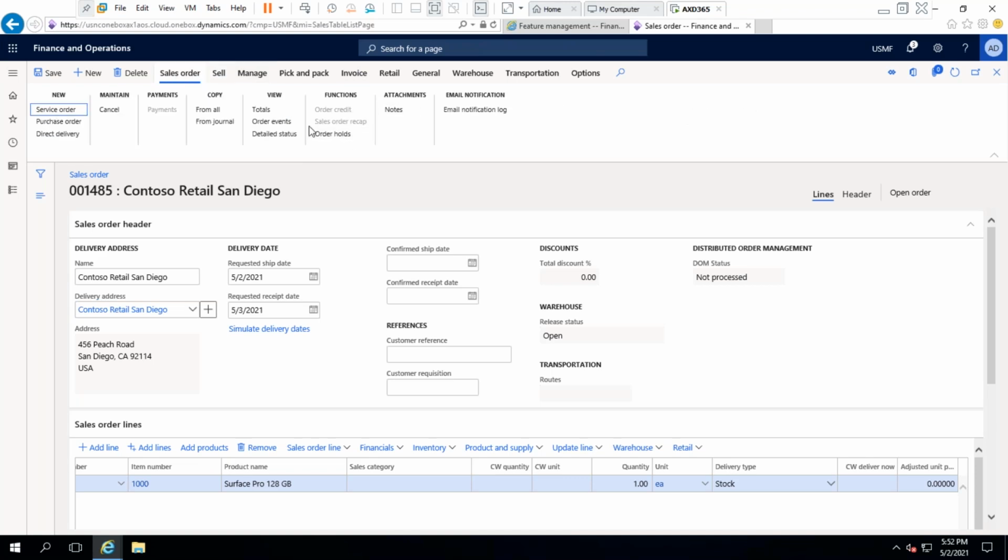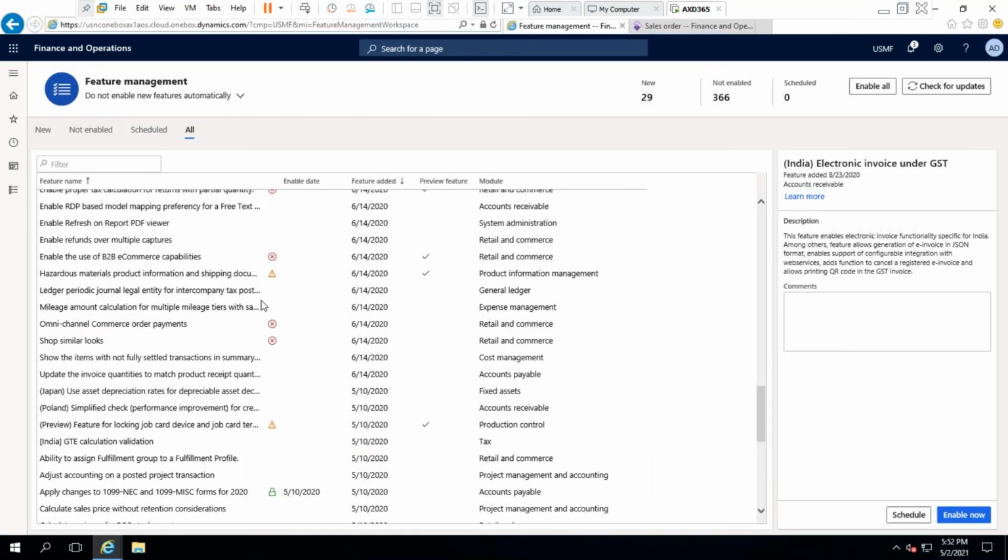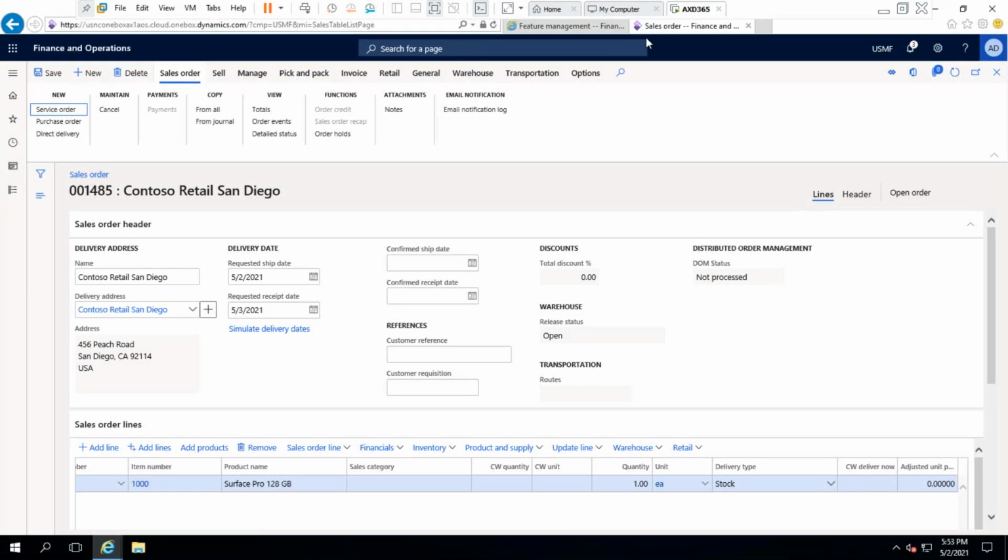I will show you this one later, but you can disable this function for the time being. Okay, I will disable that and I will try again. Then it will work.